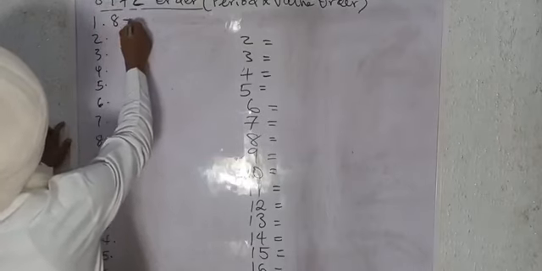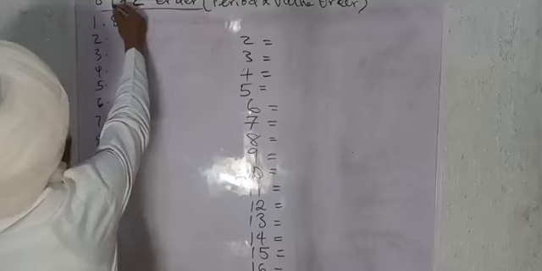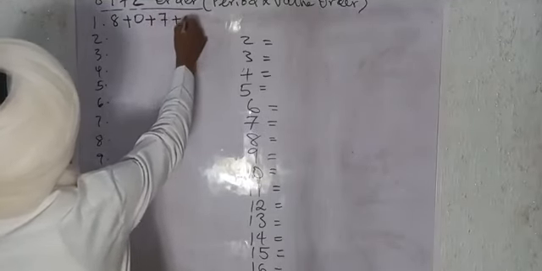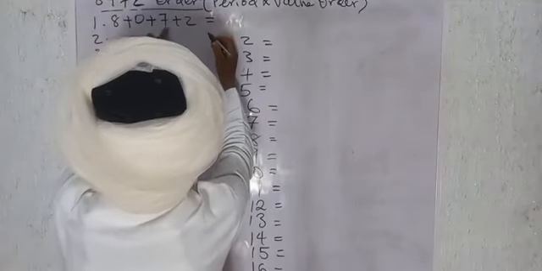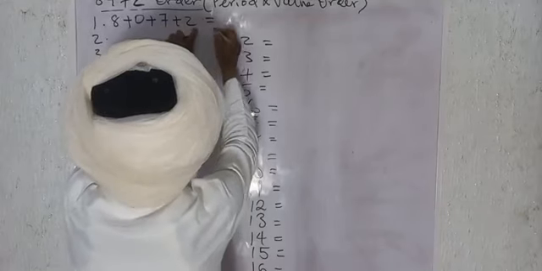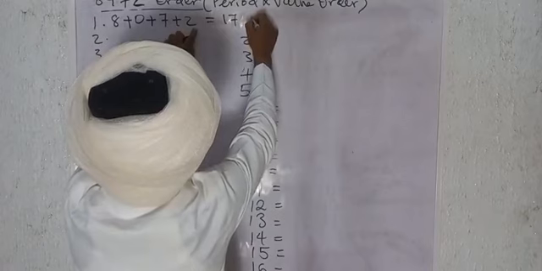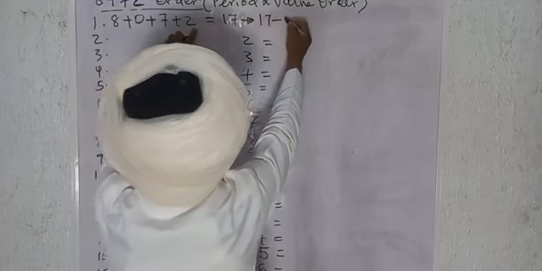8 plus 7. So that means we are not using this 4. 0. 7 plus 2. It gives us 17 back. 8 plus 7 is what? 15 plus 2. 17. So we now say 17 minus what? 16.